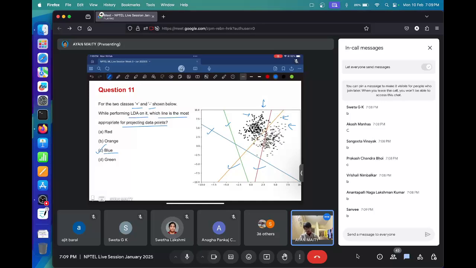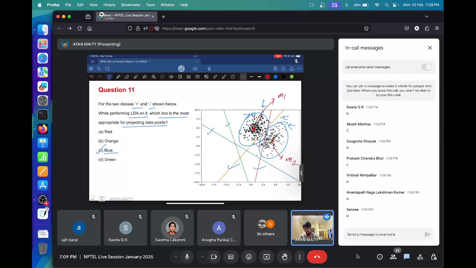From the figure you can see that these are two different Gaussian distributions representing two different classes. The first one is for the plus class and the second one is for the minus class, and let's say this is the midpoint for the first class and this is the midpoint for the second class.